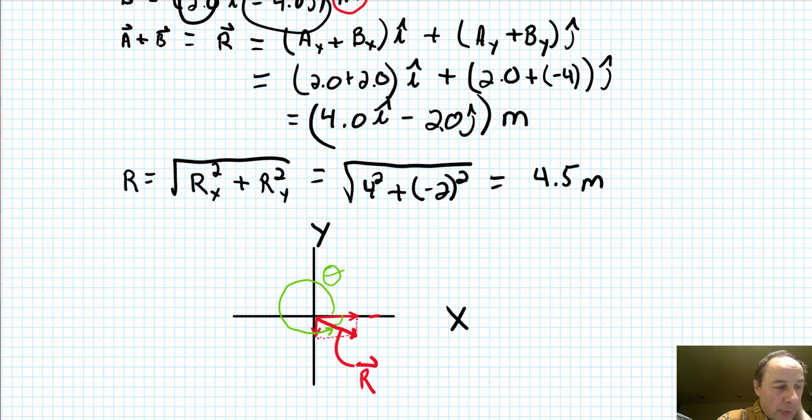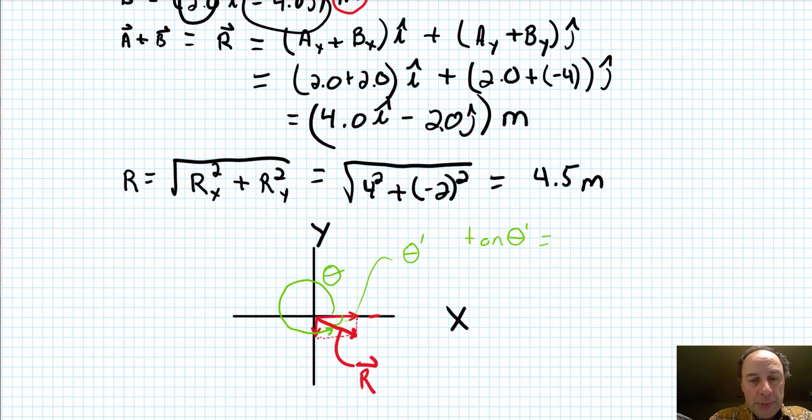Easier to look at it this way, though. It depends on how you define it. We're going to call this, just to say, theta prime. So tangent of theta prime is the easier one to find.